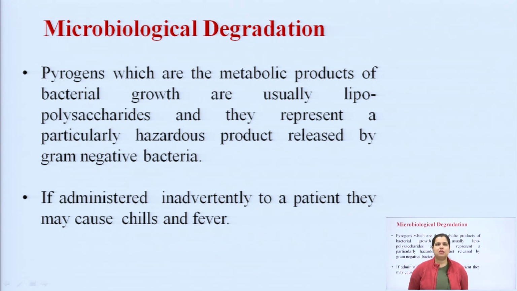They may be hazardous to the preparation, specifically in parenterals and ophthalmic preparations. If administered inadvertently to a patient, they may cause chills and fevers, and in some cases may even cause death.